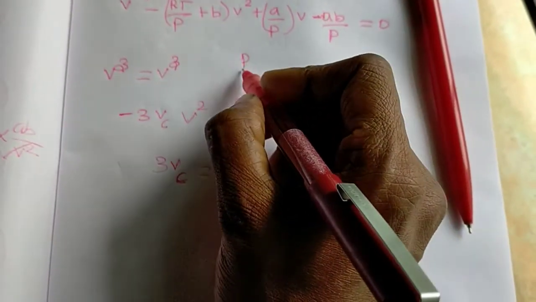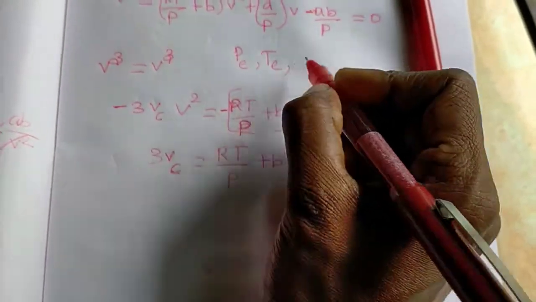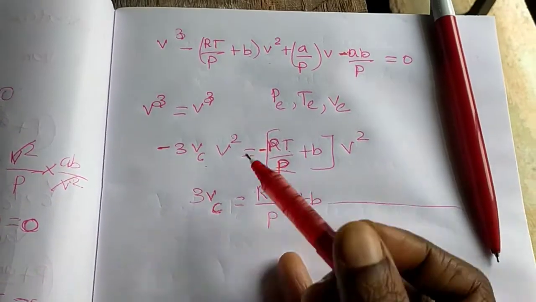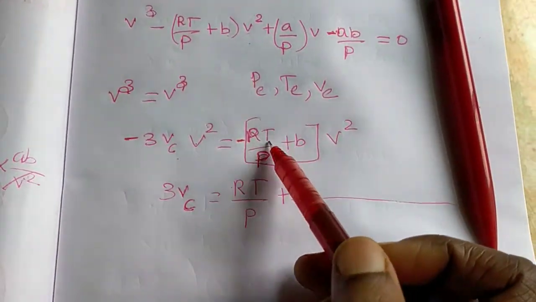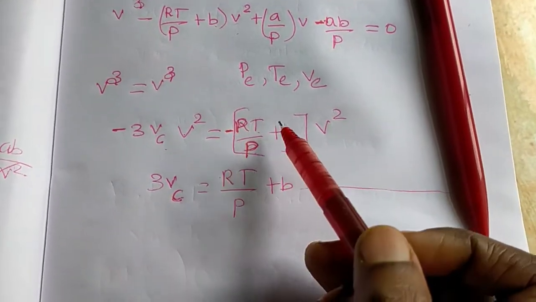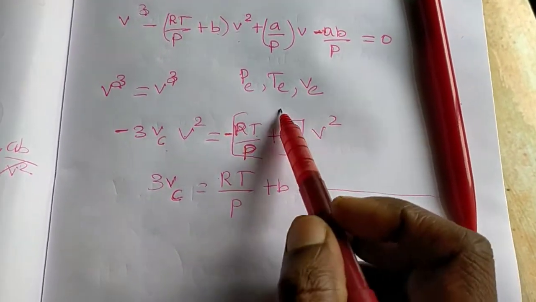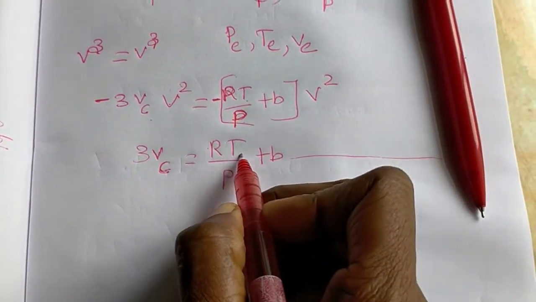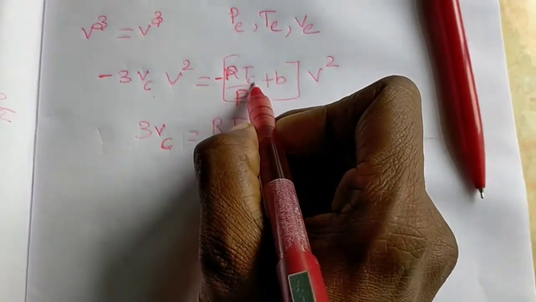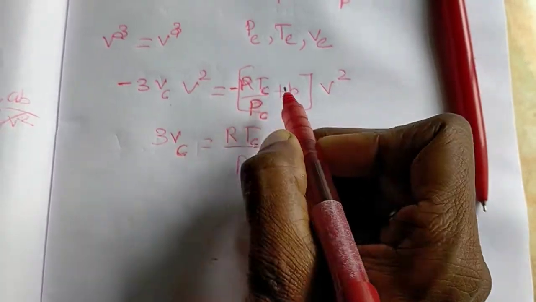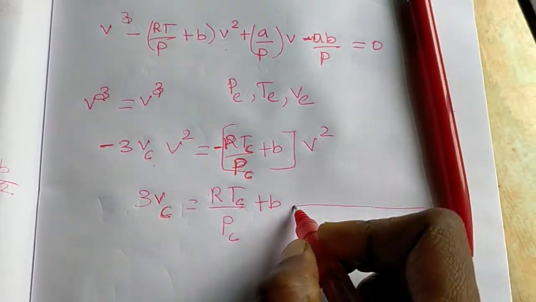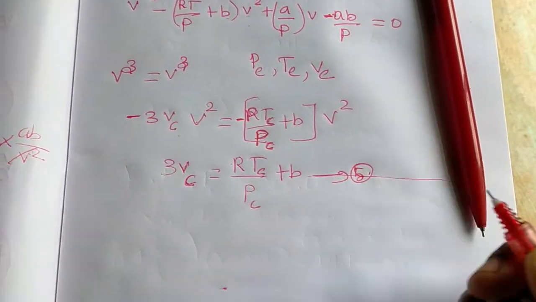Why does it become Pc and Tc along with Vc? We already considered this as Vc from the cubic equation, so we have to write the other terms, temperature and pressure, with the critical point too. Tc and Pc mean critical temperature and critical pressure. Okay, name this as equation 5.